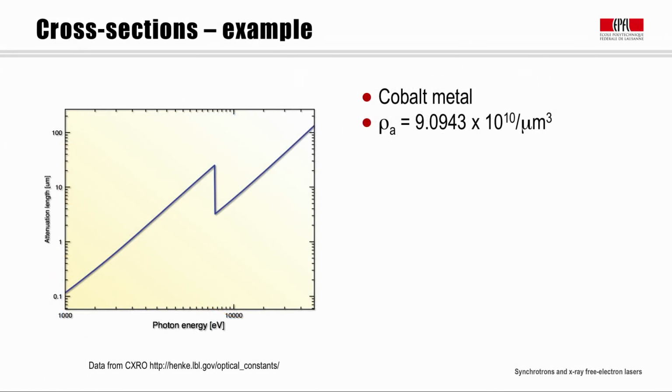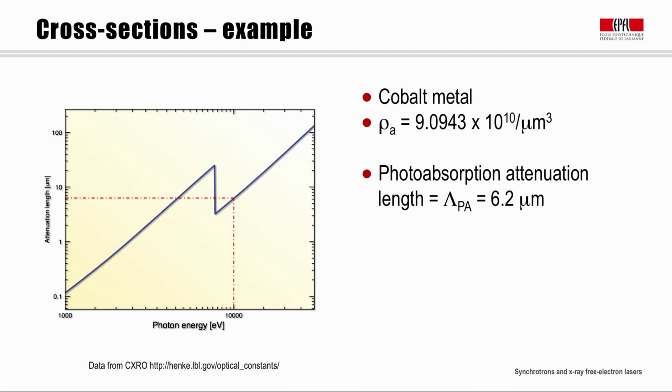In order to better understand this, let's consider the example of a 10 kiloelectron volt X-ray beam passing through cobalt metal. In other words, an X-ray beam containing 10 kiloelectron volt photons. From the density of cobalt, which is 8.9 grams per cubic centimeter, and its atomic mass, which is 58.933, the atomic number density can be directly calculated to be 9.09 times 10 to the 10 atoms per cubic micron.